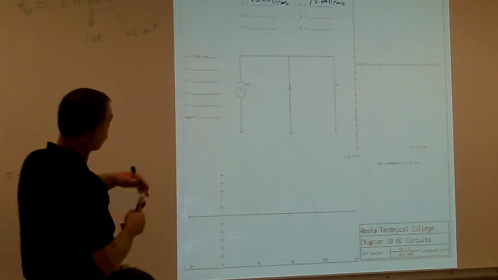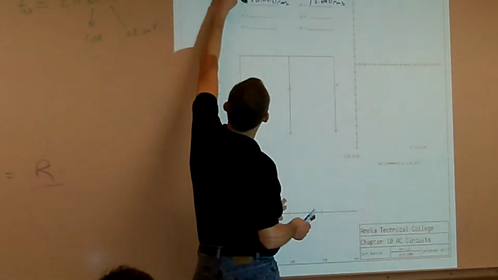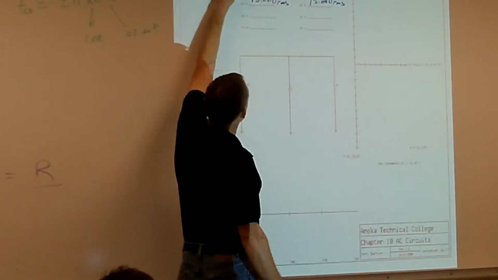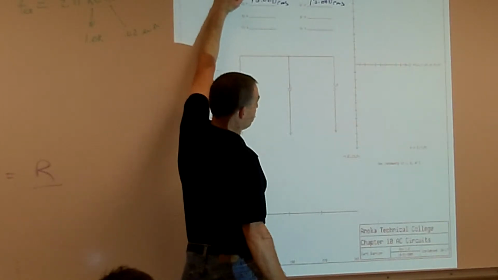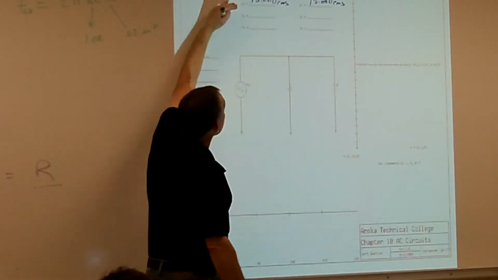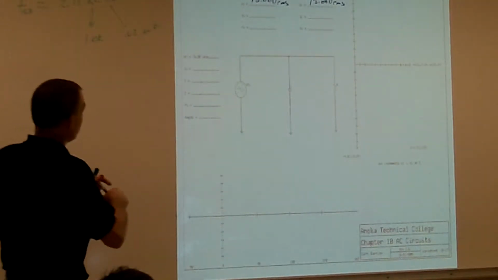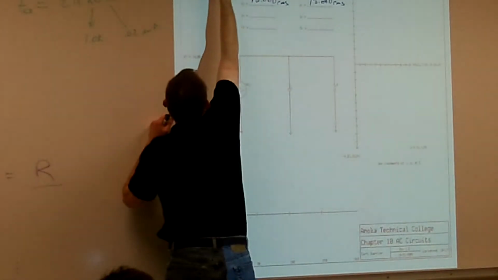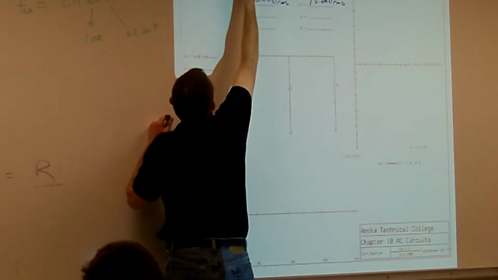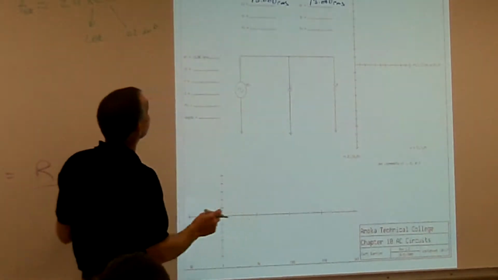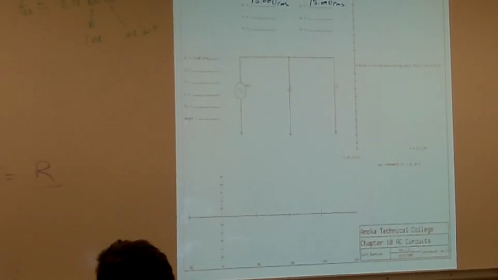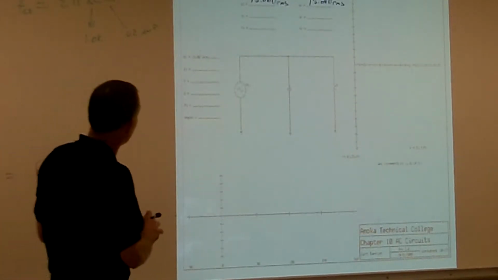We take our X of C, capacitive reactance, and the opposite of capacitive reactance is our susceptance. To calculate that, it's just 1 over X of C, and that gives us our BC. That's our first step, to see how conductive our capacitive reactance is.